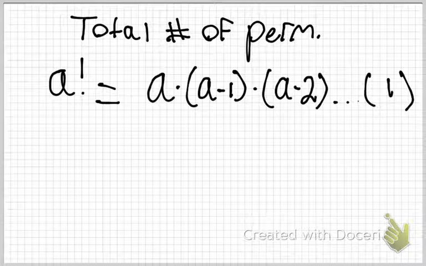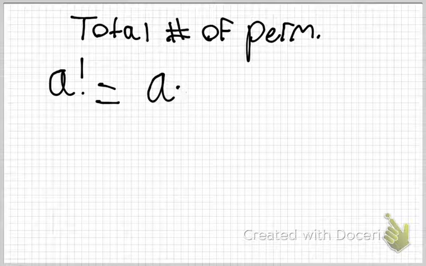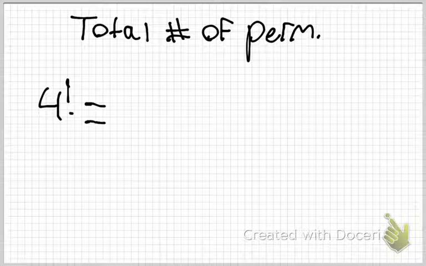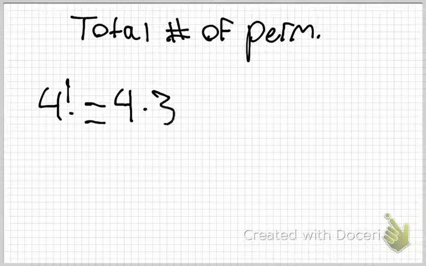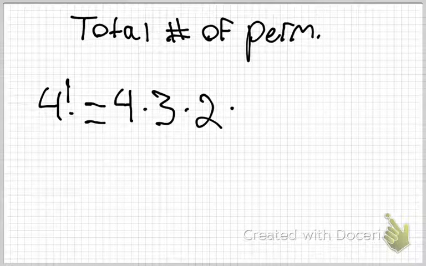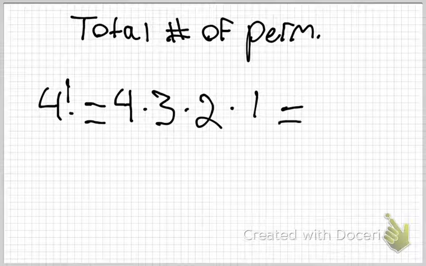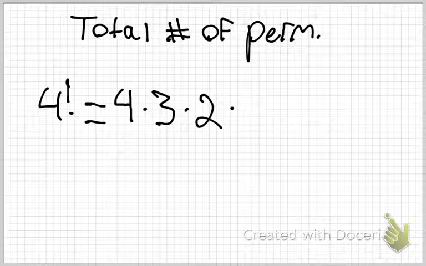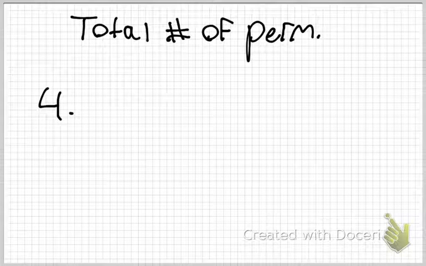Okay, so just a quick example. 4 factorial is equal to 4 times 3 times 2 times 1, which is equal to 24. All right, cool. So moving forward.